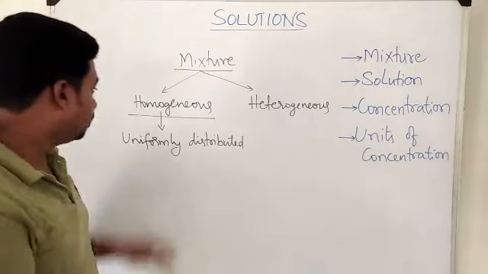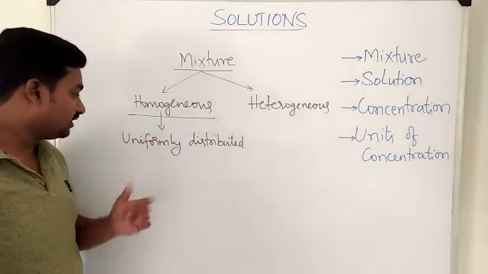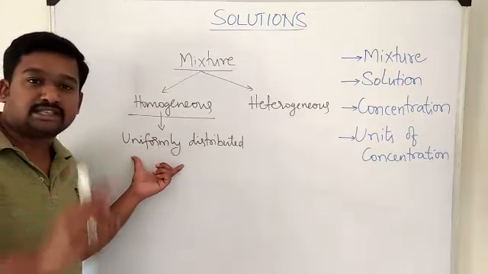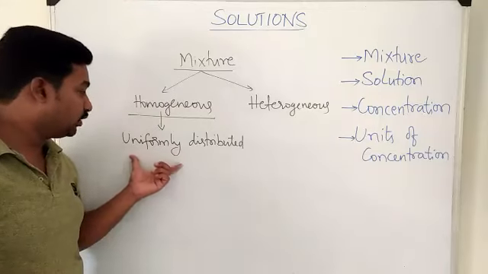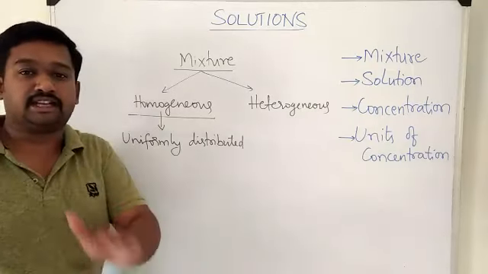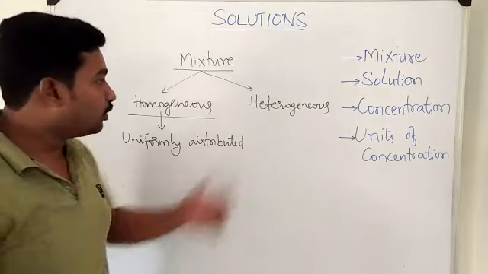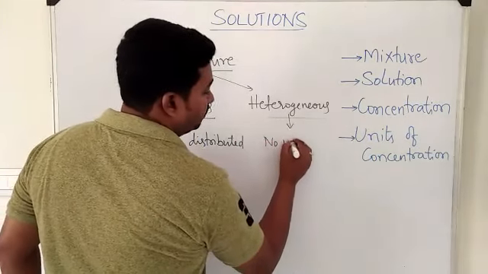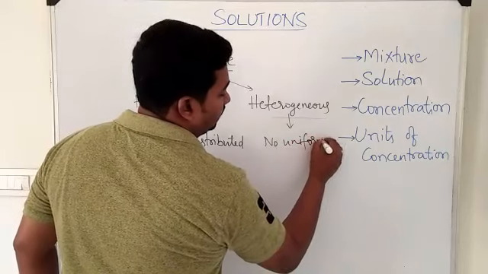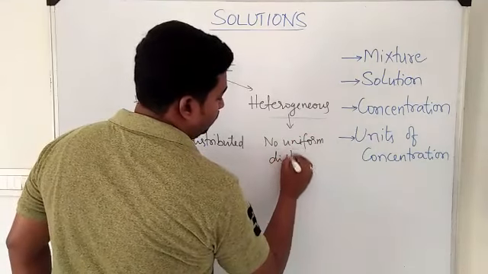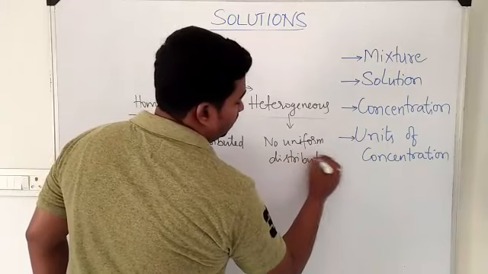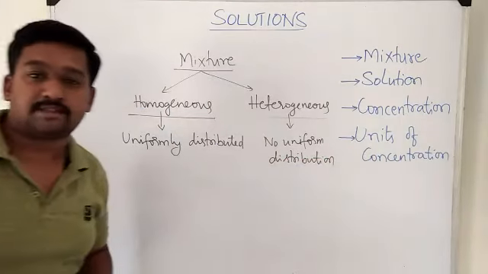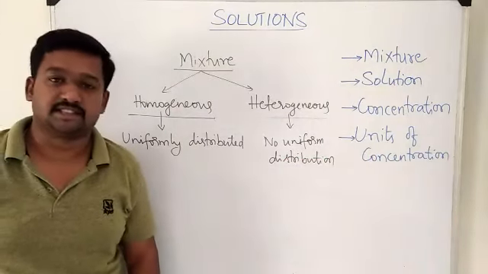I repeat, a homogeneous mixture is one in which particles of one substance are distributed uniformly in the medium of another substance. Then what is a heterogeneous mixture? Where there is no uniform distribution of particles of one substance in the medium of another substance.